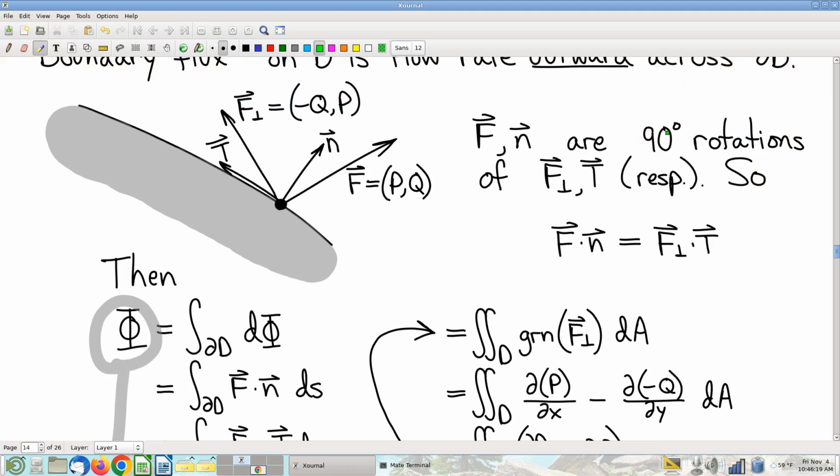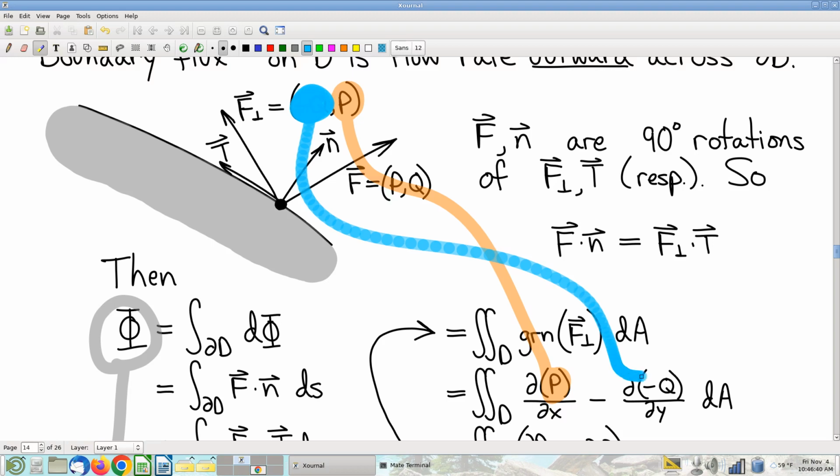Remember, Green's operator, it's tempting to say Green's operator is dQ/dx minus dP/dy. Well, okay, no, it's the x partial of the second component, which in this case is P, right? The x partial of the second component minus the y partial of the first component. So there's Green's operator.